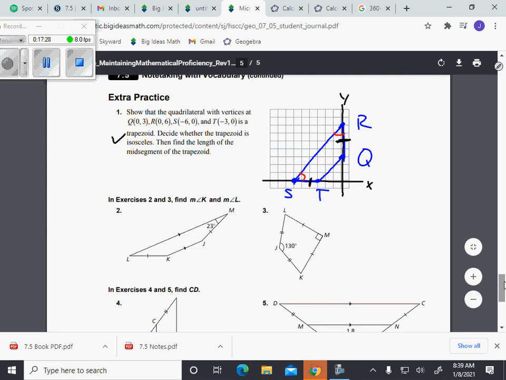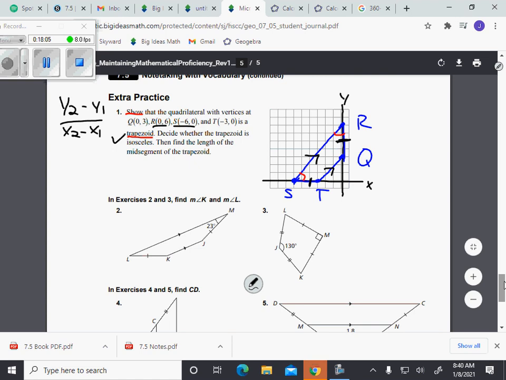One thing I forgot to do: I have to show that it is a trapezoid. How do I show that it's a trapezoid? I need opposite parallel sides. Our opposite parallel sides look to be this one and this one. And how do I show that two sides are parallel? Talk about the slope, right? The slope of S and R can be found with this formula, y2 minus y1 over x2 minus x1.